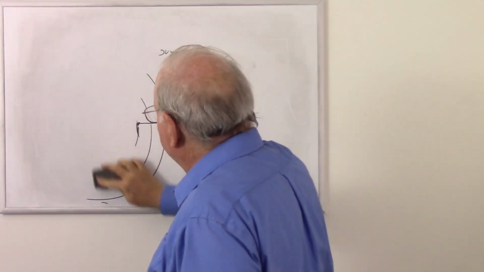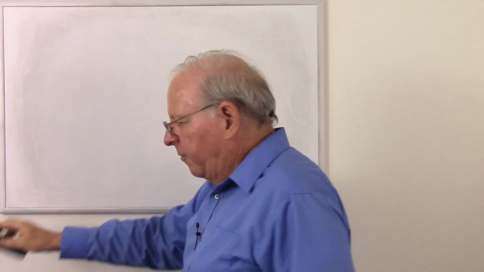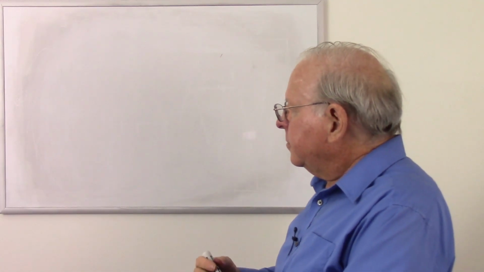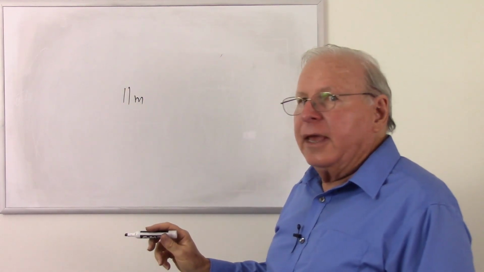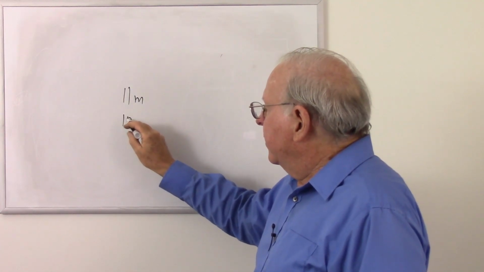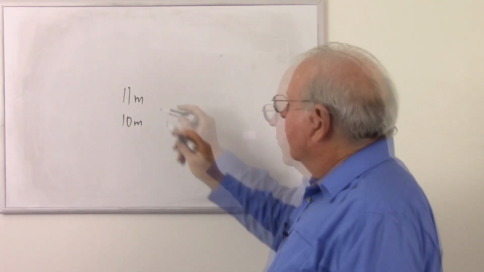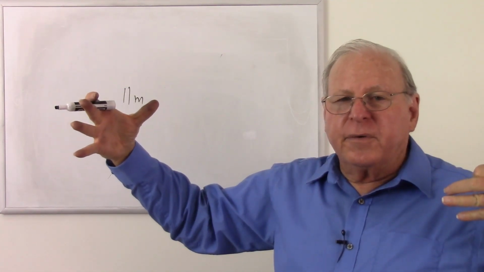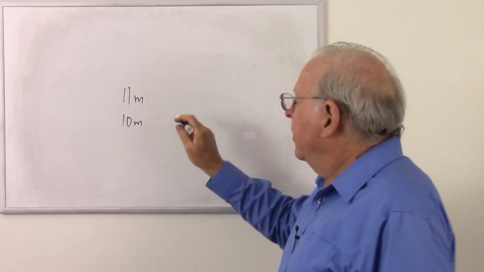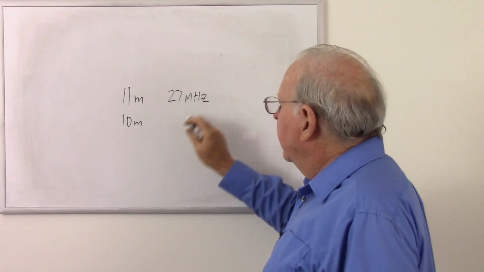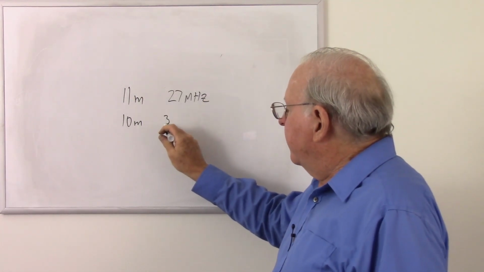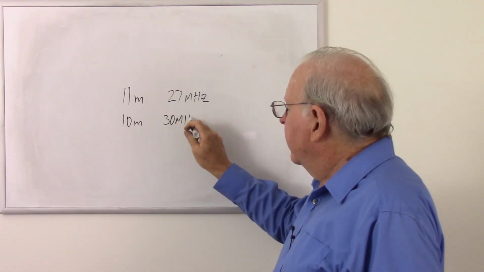In ham and CB radio, I used to be in the CB radio when that was a thing. That was the 11 meter band. Right next to that was the 10 meter band. So the 11 meter band, meaning our waves are 11 meters apart, that's going to be 27 megahertz. The 10 meter band is going to start at 30 megahertz.